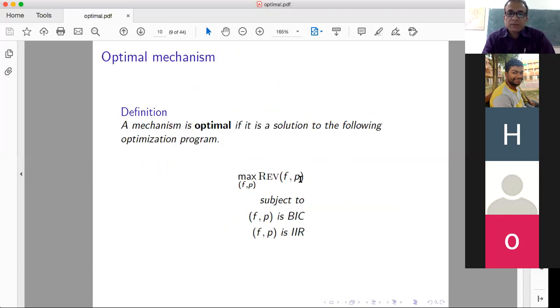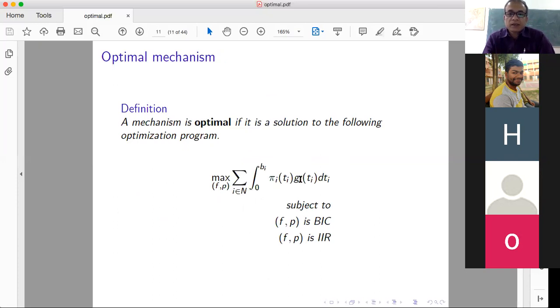So we set it up as follows. We want to maximize expected revenue subject to BIC and IIR constraints, and the expression for that expected revenue is that. So we have this problem.